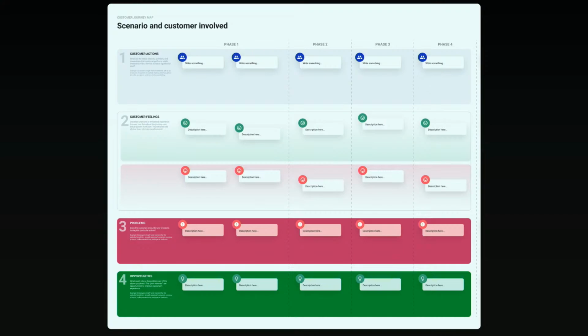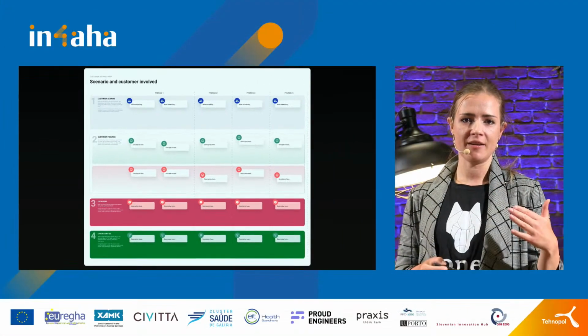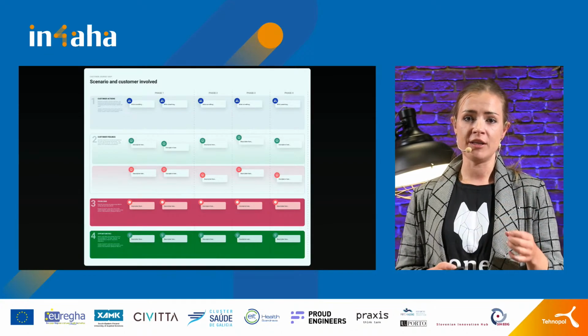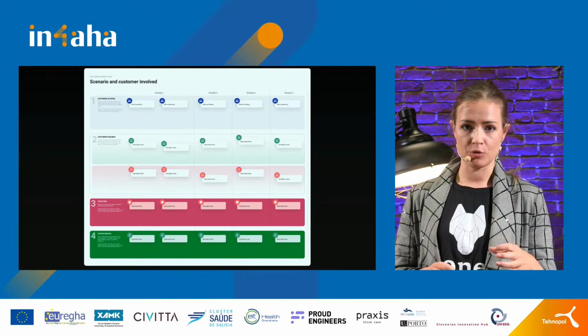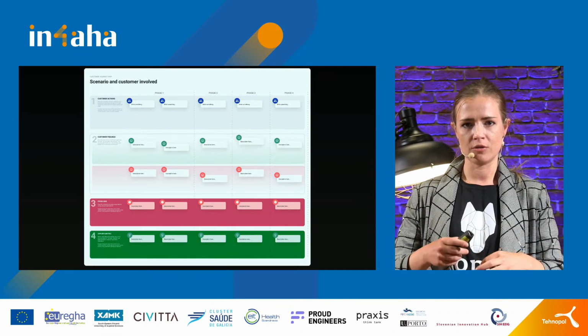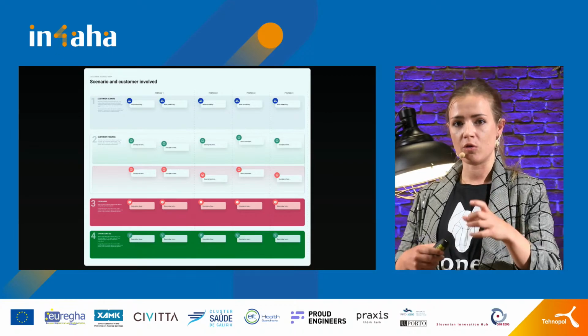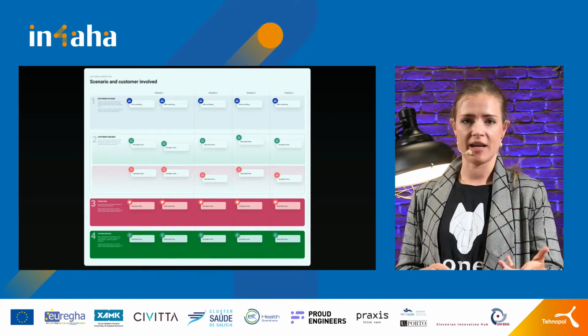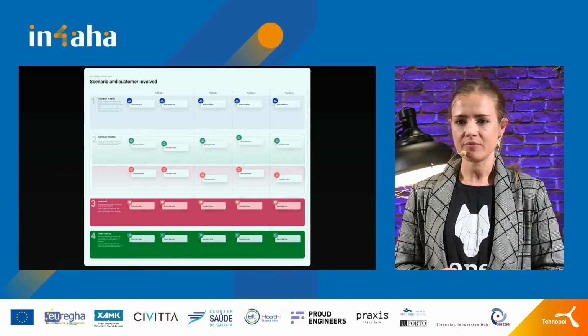And then if you take the bottom two layers, the fuchsia pink and the green, for the fuchsia pink you would map down actual problems. And for the green, you might map down opportunities. So how can you revert that negative emotion or negative action into your business opportunity or something that really helps the end user behind there?